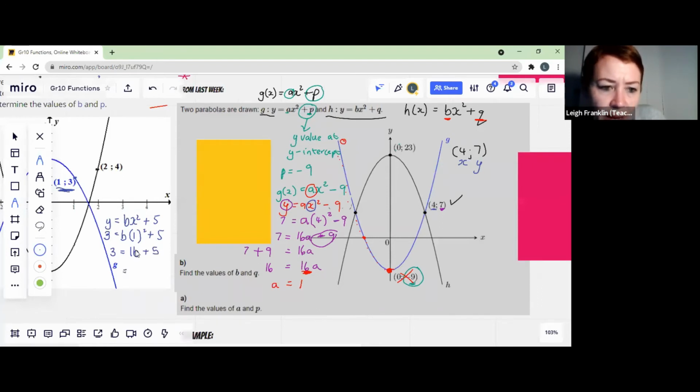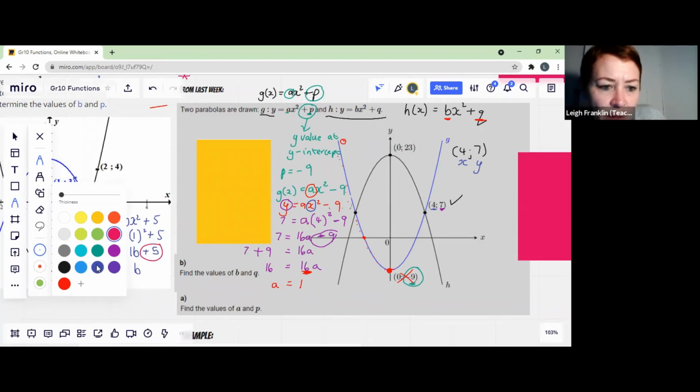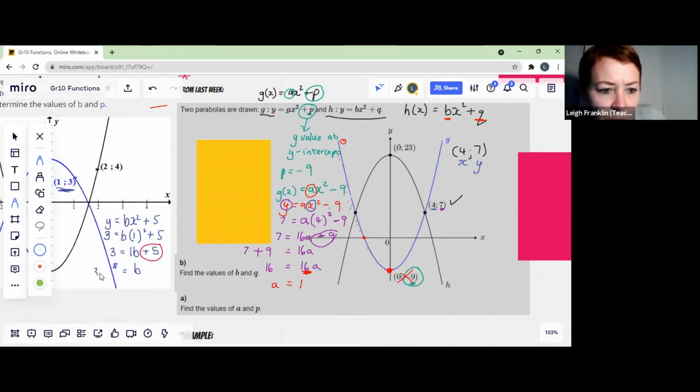If I leave b on the right-hand side, I'm going to take plus 5 over to the other side. If it's plus 5 on the right, it must be minus 5 on the left. So it's going to be 3 minus 5 on the left, and therefore b has to be equal to negative 2.